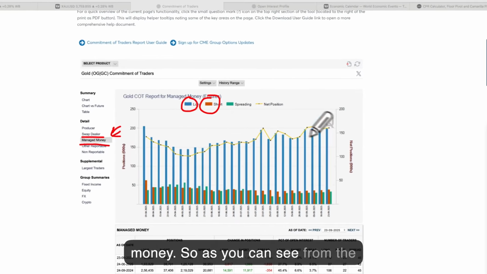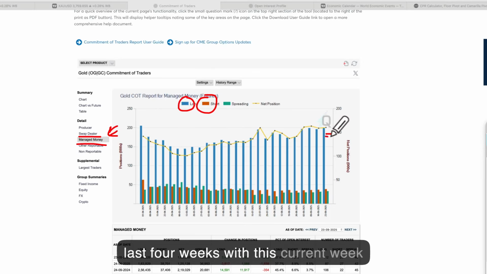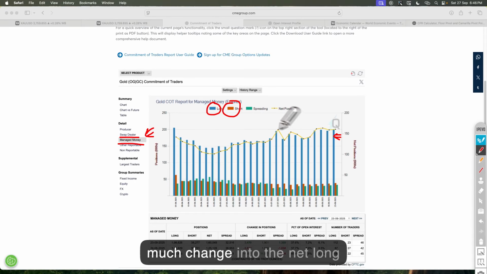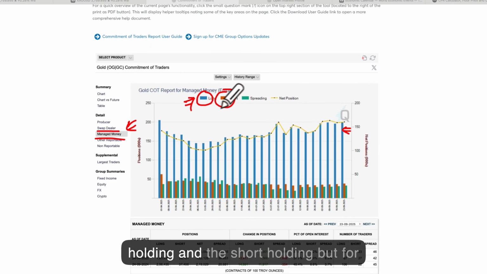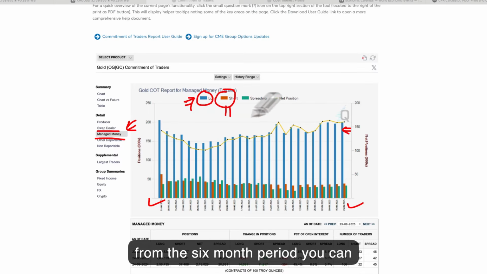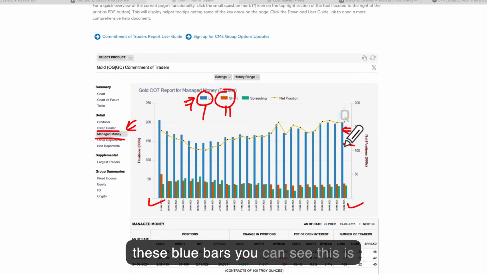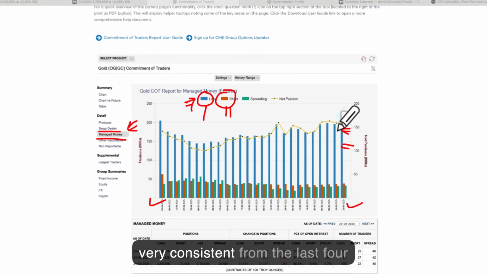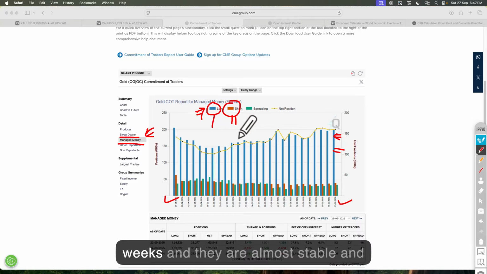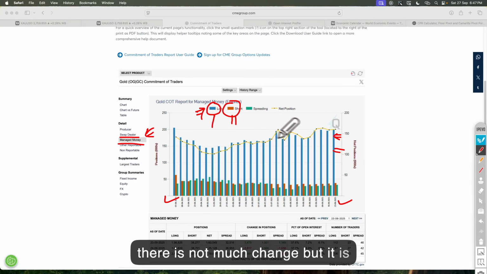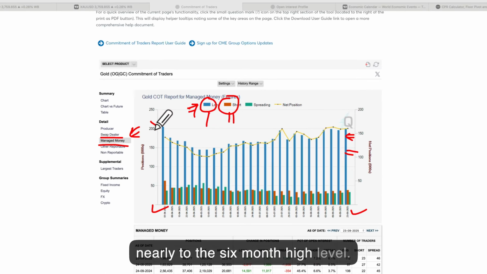This is the net long holding and this is the net short holding of the managed money. As you can see, over the last 4 weeks up to this current week, there is not much change in the net long and short holding. But over the 6-month period, you can see these blue bars, the net long holding, are very consistent over the last 4 weeks, almost stable, and nearly at the 6-month high level.